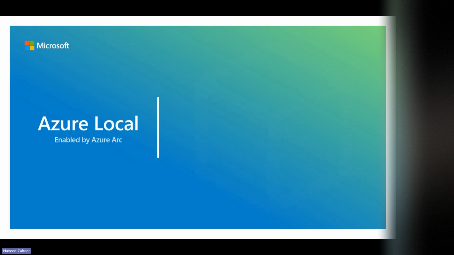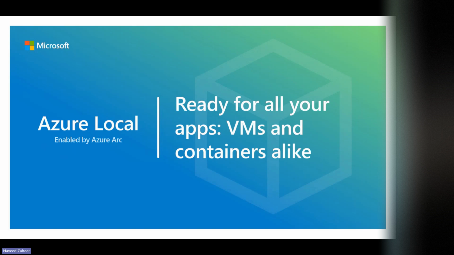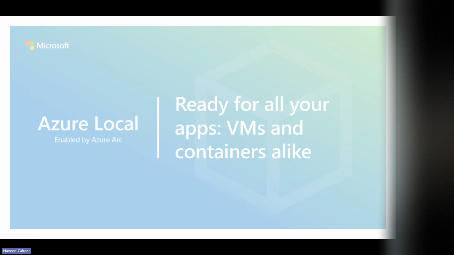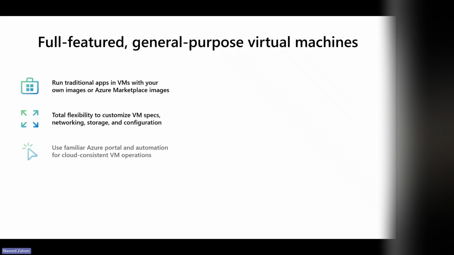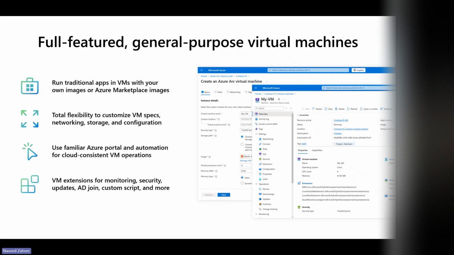Okay. Moving on to the next one, which is about VMs and containers. As I mentioned before, yes, virtual machines are first class citizens, and have always been. There you can deploy VMs, you can get the marketplace images and deploy from those. There's no restriction on the specs of the VM based on the host.